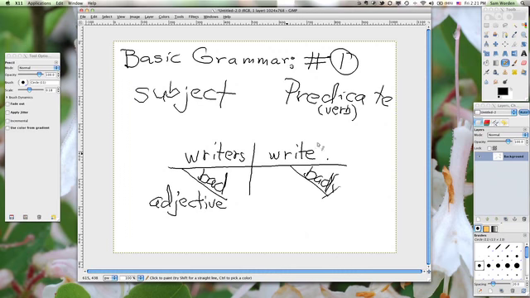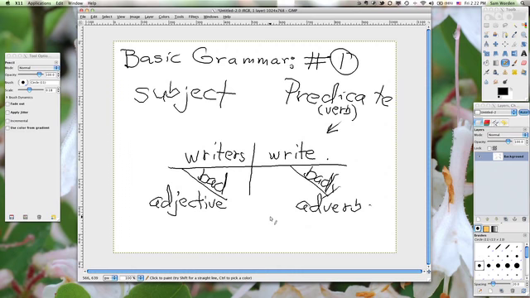It's modifying the verb write. So it's an adverb. Adverbs modify three things. They modify verbs, they modify adjectives, and they modify other adverbs. We won't get into all that now, but it's something to be aware of in the beginning.